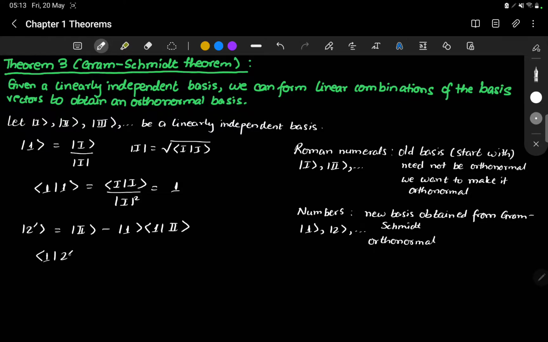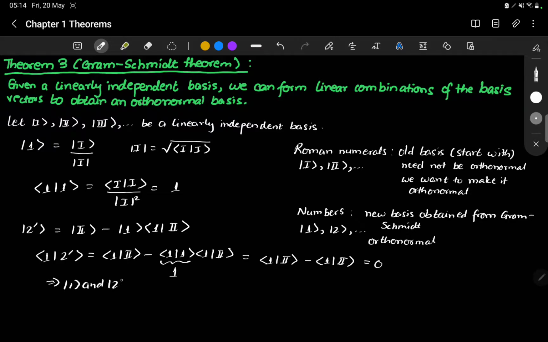So, let us check the inner product. Now, this is equal to 1, we saw that here. So, this is nothing but equal to 0. So, that means 1 and 2 prime are orthogonal.